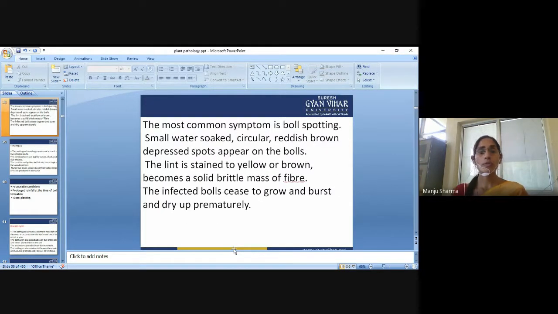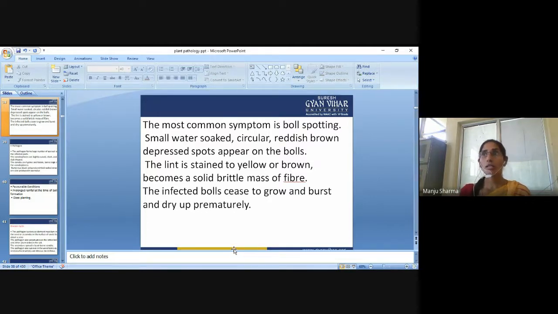The most common symptom is boll spotting. Small, water-soaked, circular, reddish brown, depressed spots appear on the bolls, and the lint is stained yellow or brown and becomes a solid brittle mass of fiber. The infected bolls fail to grow, burst and dry up prematurely.